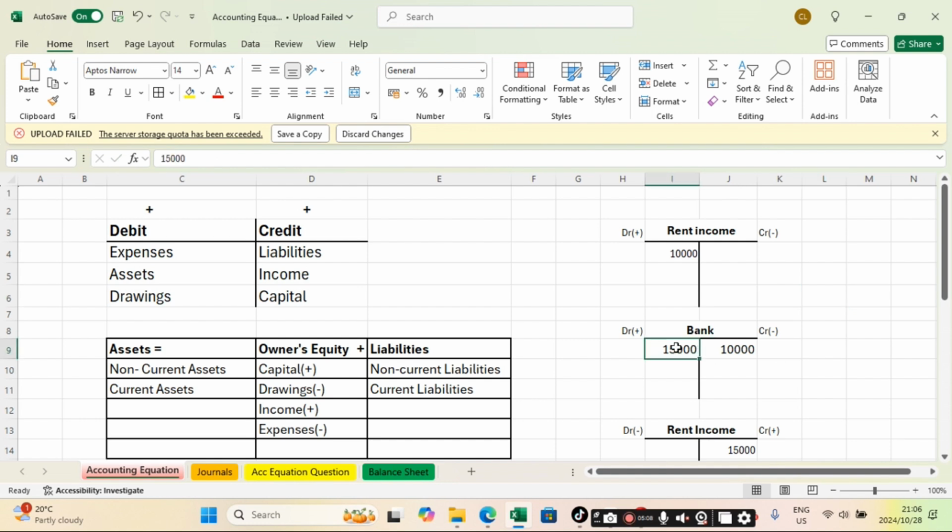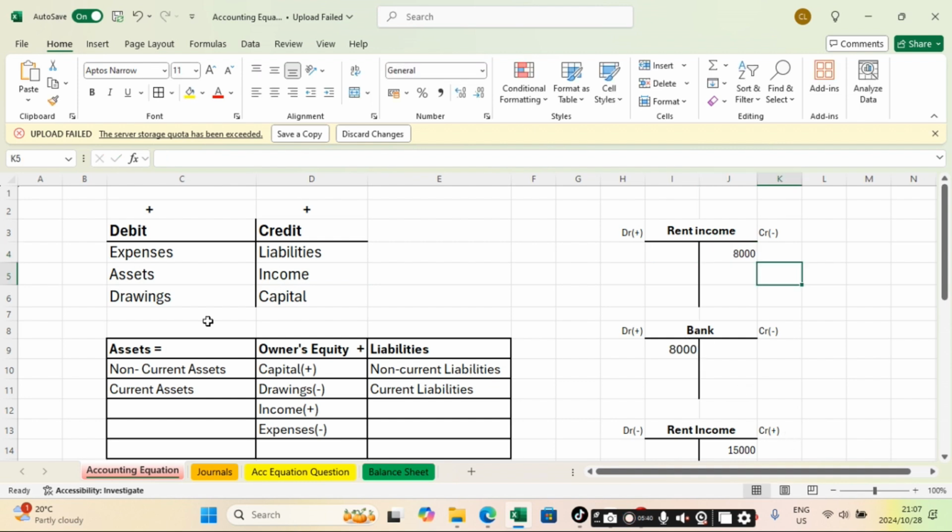We're receiving 8,000 for rent income. Rent income is part of our incomes, and we know that income increases on the credit side. So we're going to have that 8,000 on the credit side.